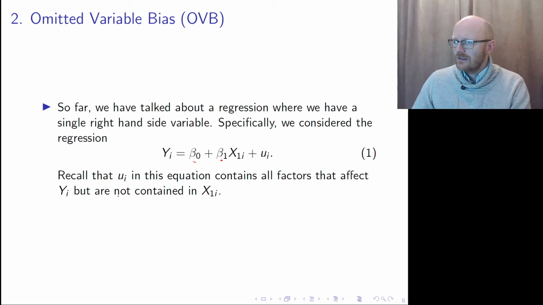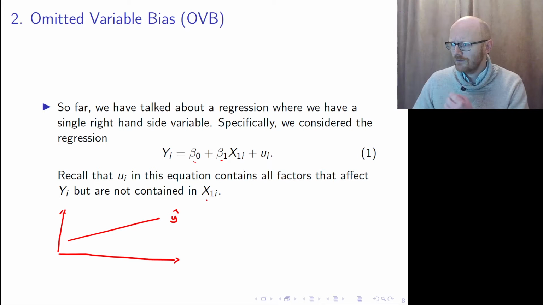This means that if you have the regression slope, the y hat, then the equation contains all factors. The residual contains all factors that affect y, but are not contained in the x variable.